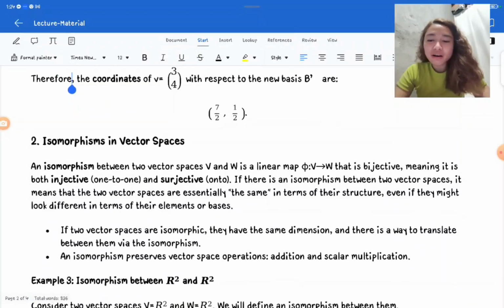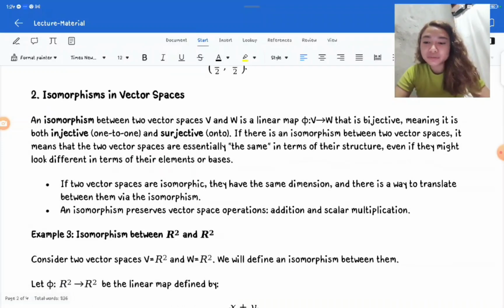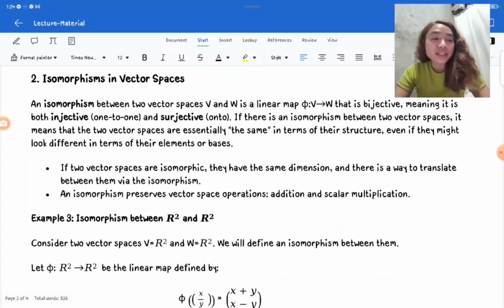So now we understand coordinates. Let's talk about isomorphisms. An isomorphism between two vector spaces is a map that shows the two spaces are essentially the same in terms of their structure, even if their elements look different. So an isomorphism is a bijective linear map between two vector spaces.